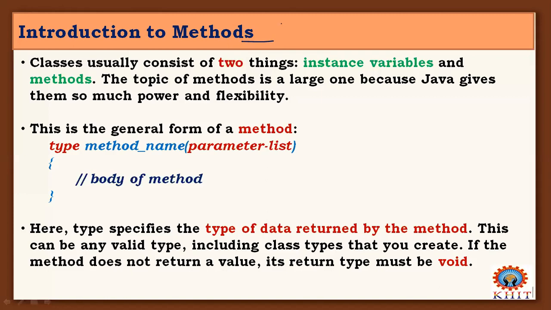The first we consider as instance variables, and the second member of a class as methods. In Java, these methods have been given wide exposure, and they have their own power to use and some flexibility of accessing as members of a class.